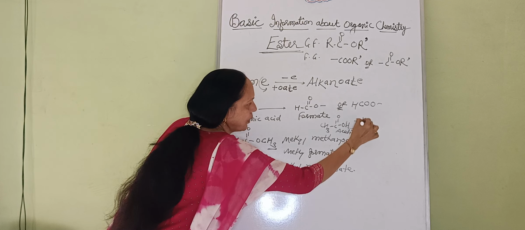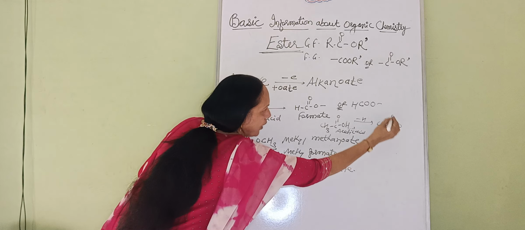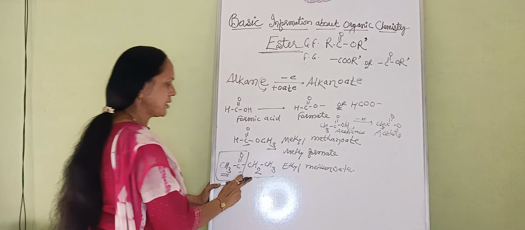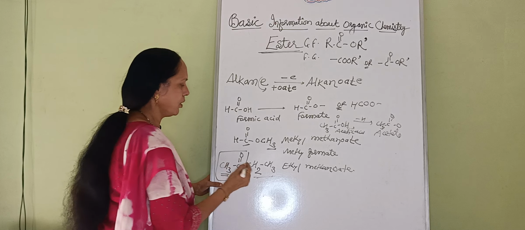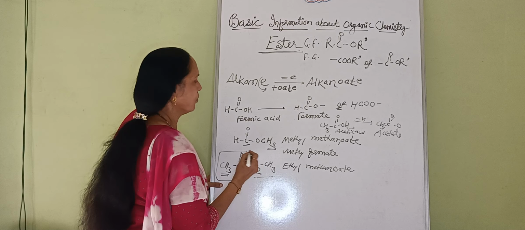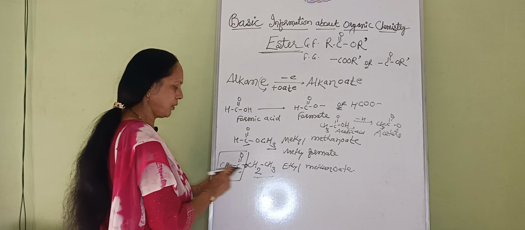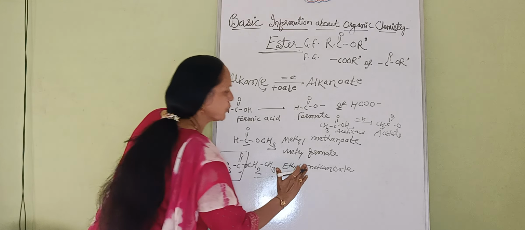Now this H is replaced, so the compound is CH3C double bond O, and this is called acetate.